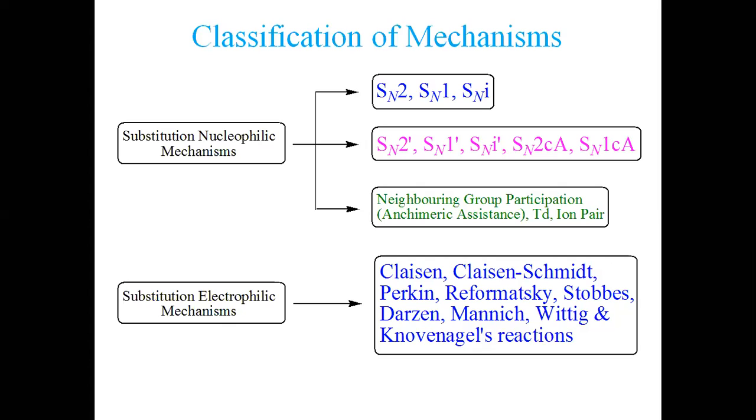Thirdly, very rarely, it may follow a simultaneous attack and departure mechanism. These are the three mechanisms only possible with aromatic system, which is electron rich. But if it is electron deficient, it can follow further three mechanisms that have been highlighted to you. One is a simple SN2 type mechanism, one is benzyne mechanism, and simultaneous attack and departure mechanism you have come across before.